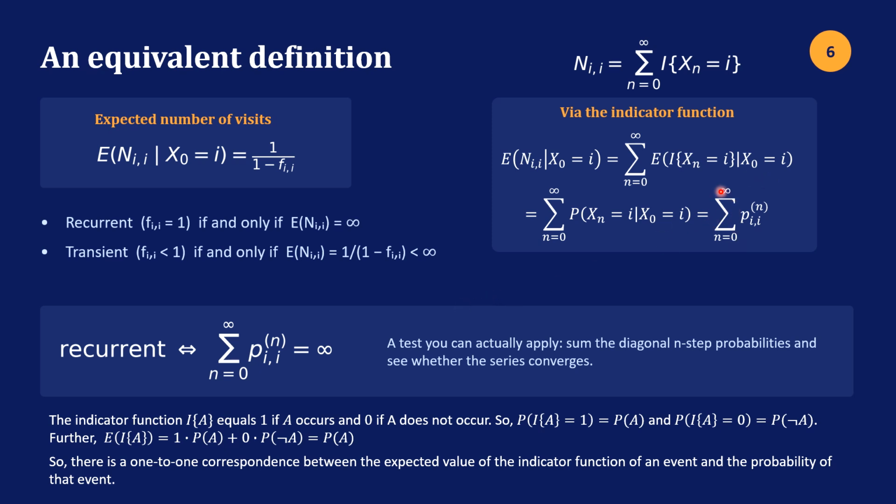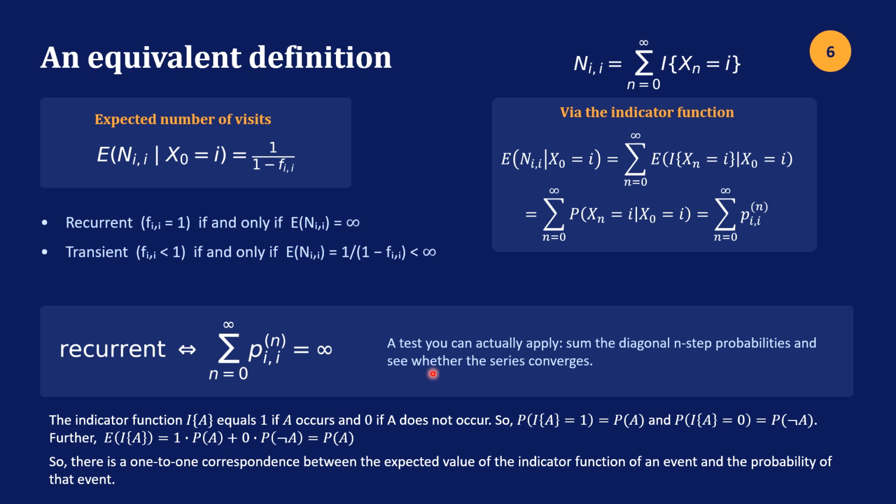So once we have the transition matrix and we compute it for each value of n, as we've done in much earlier lessons, and we sum up all these probabilities, we can sum the diagonal n-step probabilities and see whether the series converges. If it converges, then the state is transient.